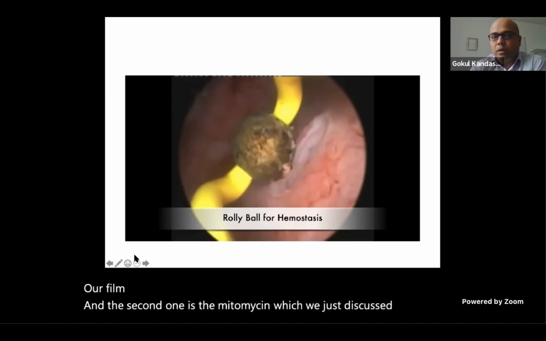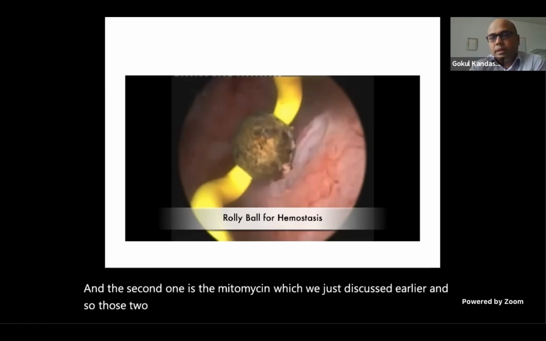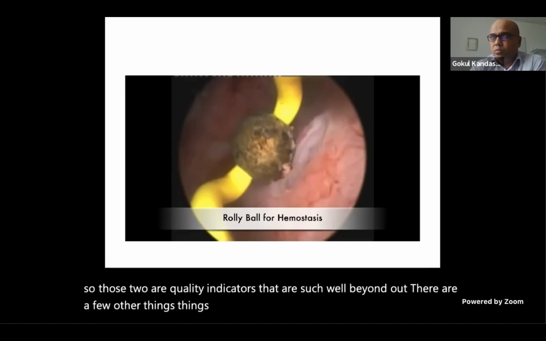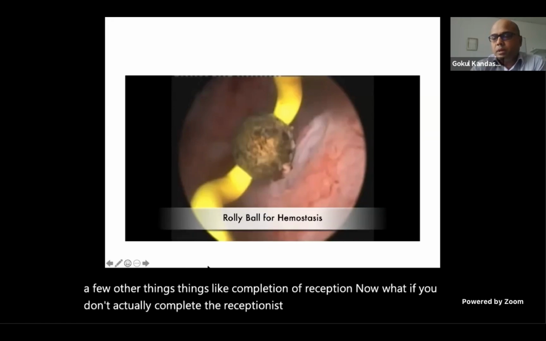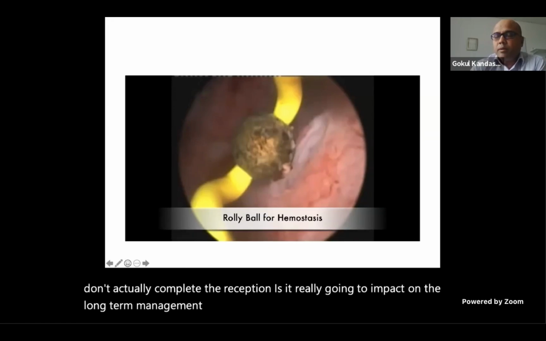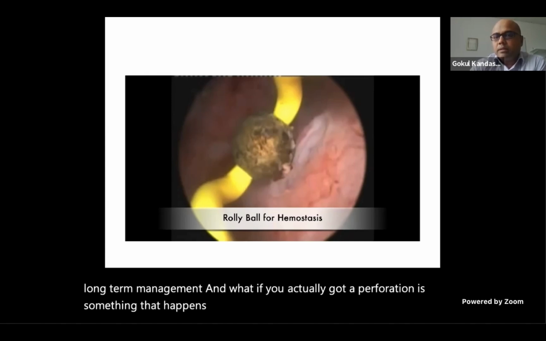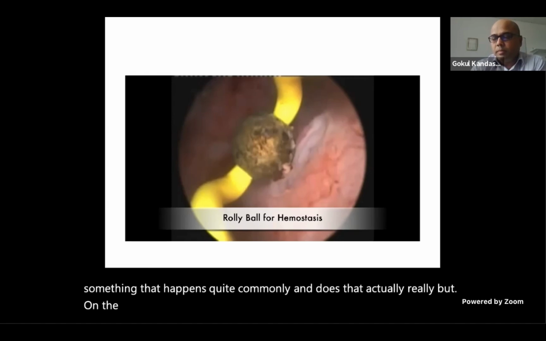So those two are quality indicators that are settled beyond doubt. There are a few other things like completion of resection. Now, what if you don't actually complete a resection? Is it really going to impact on the long-term management? And bladder perforation is something that happens quite commonly, and does that actually impact on the overall patient pathway and outcome?